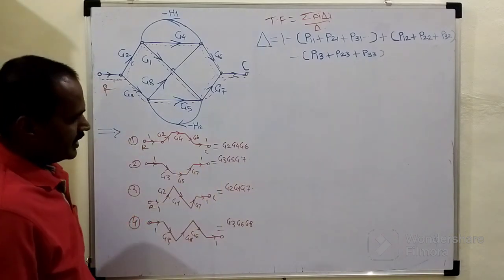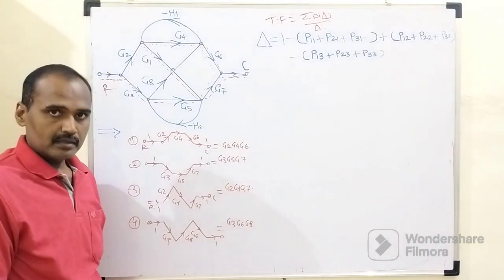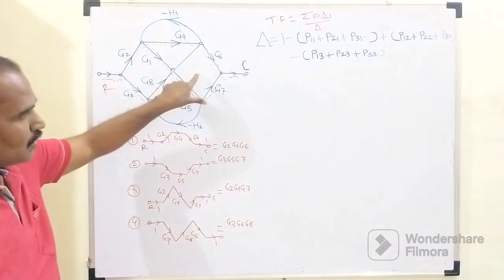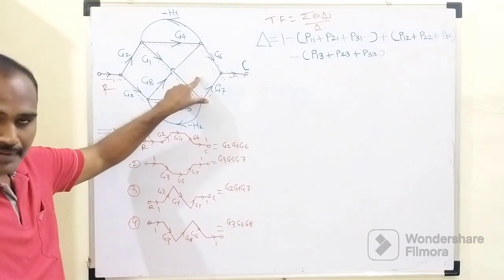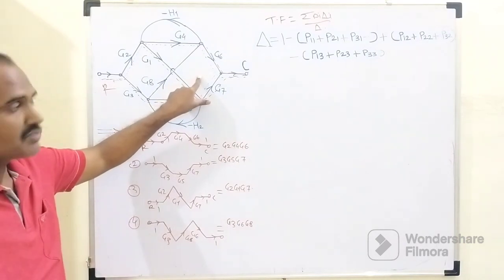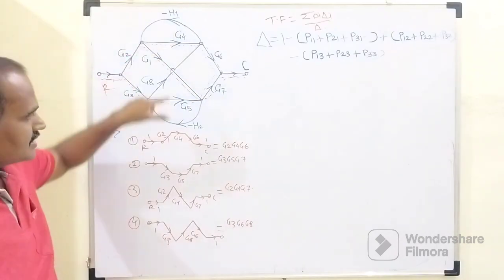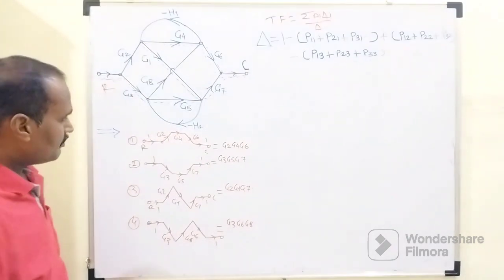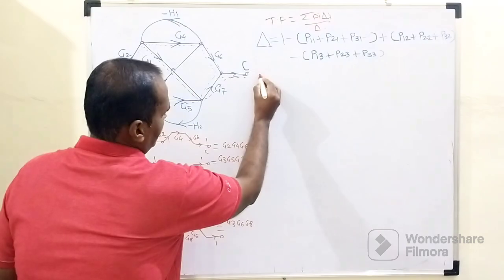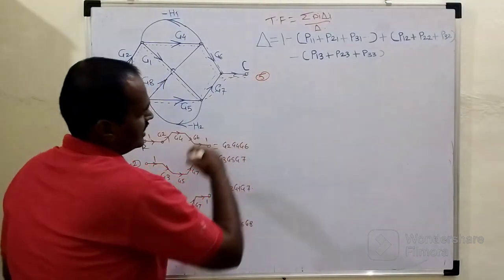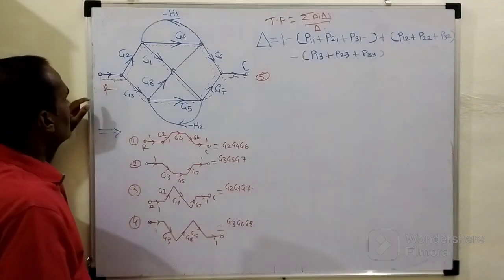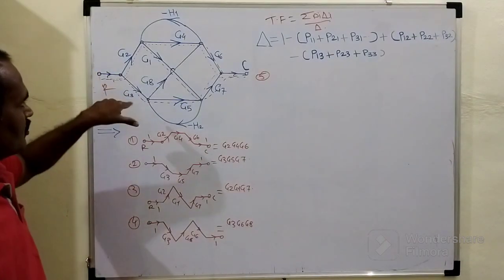So far we have tabulated the 4 forward paths. As we can see, along with these forward paths, we have 2 feedback elements with a negative sign, denoted by H suffix 1 and H suffix 2. With the help of these feedback elements also we can complete our journey from R to C. Let us quickly go through how that forward path will look.